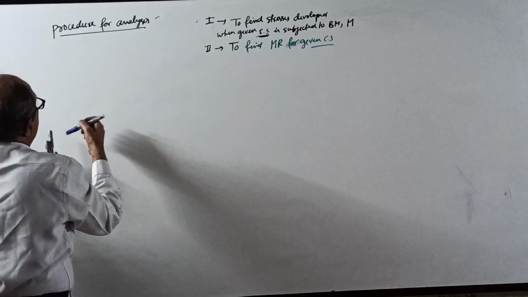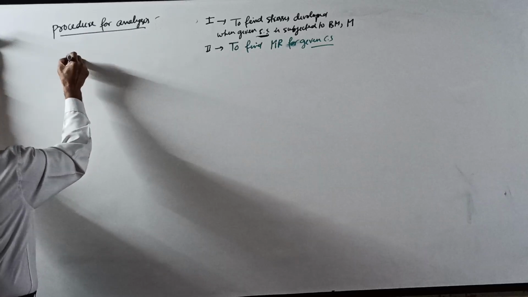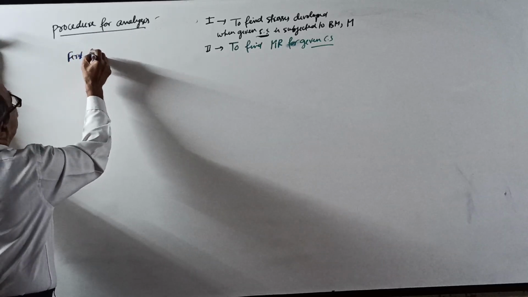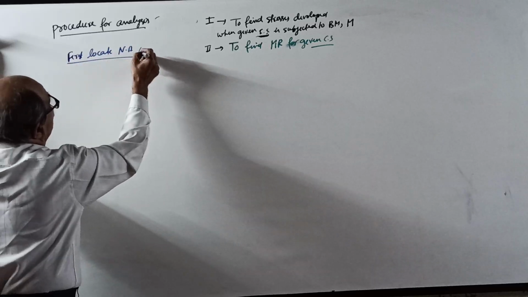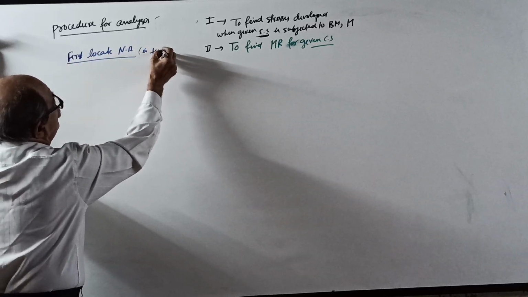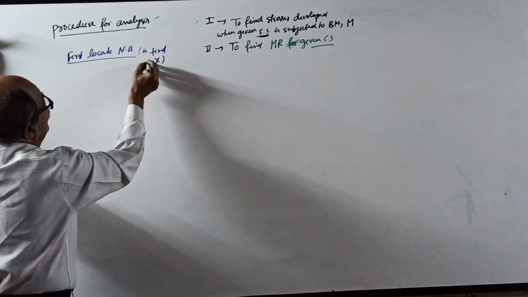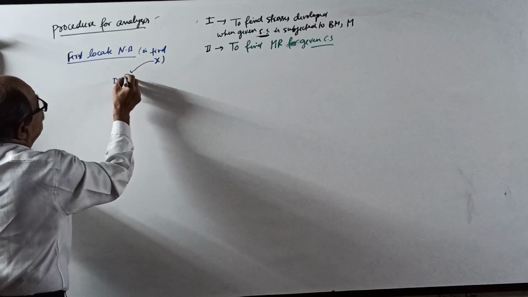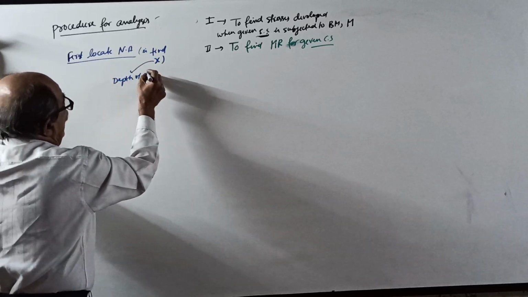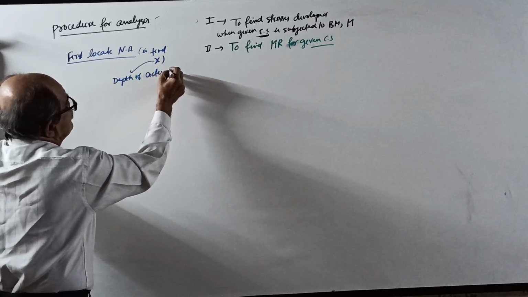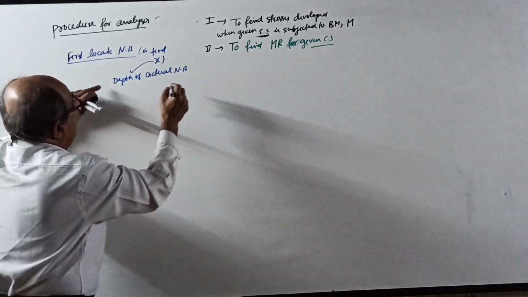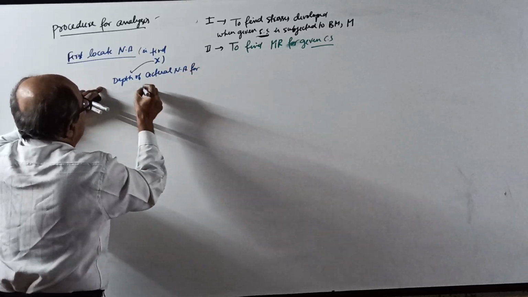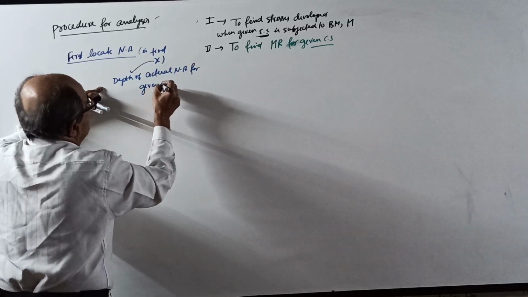First step. Don't wait. First, locate neutral axis. Locate neutral axis. That is, find the value of x. Remember, x is depth of actual neutral axis. I told x is green, always blue color. Actual neutral axis for given cross section.